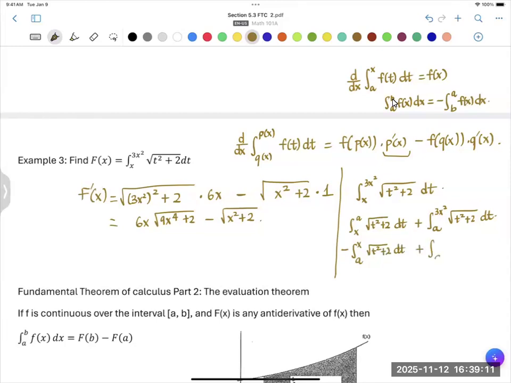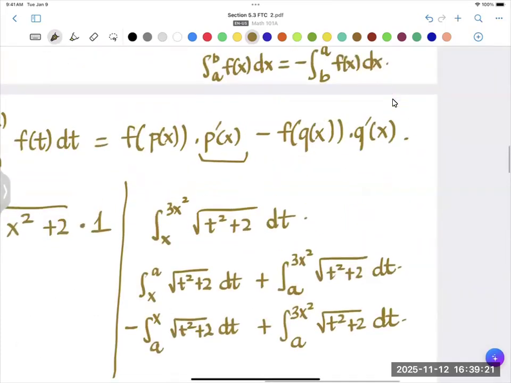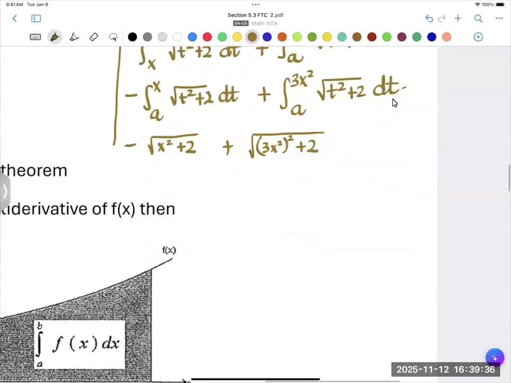And then the second one is fine, because the lower bound is constant and the upper bound is variable. Now, based on the fundamental theorem part 1, we have negative the square root of x squared plus 2, and then plus the square root of 3x squared squared plus 2, times 6x.